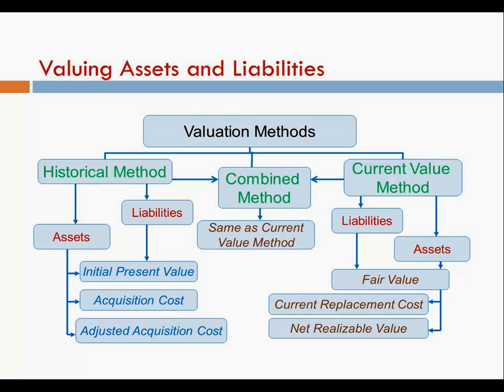There are 3 historical methods that might be used. You might do it based upon an initial present value of the asset. It might be based upon the acquisition cost of the asset, or based upon an adjusted acquisition cost. We'll go through all of those. It can also be based upon current value methods: a fair value, replacement cost, or a net realizable value.